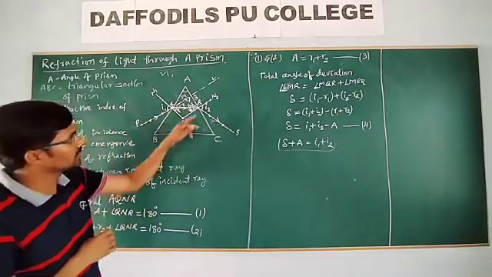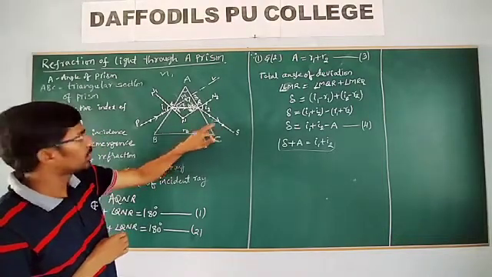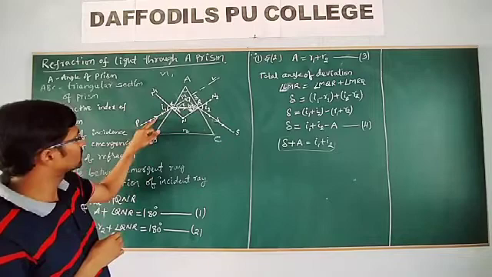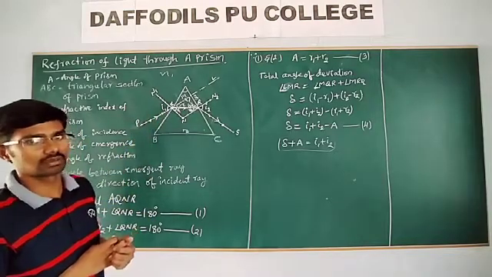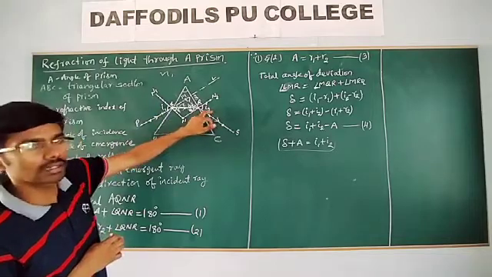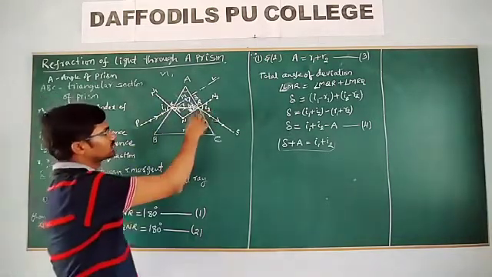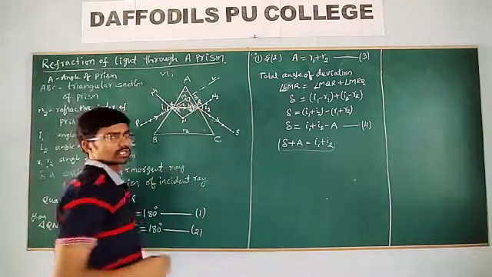These two pins act as the refracted ray, and if we join the first two pins, it will be the incident ray. Now by changing angles we can get the angles of incidence, and even by drawing this, you can get the angle of deviation.